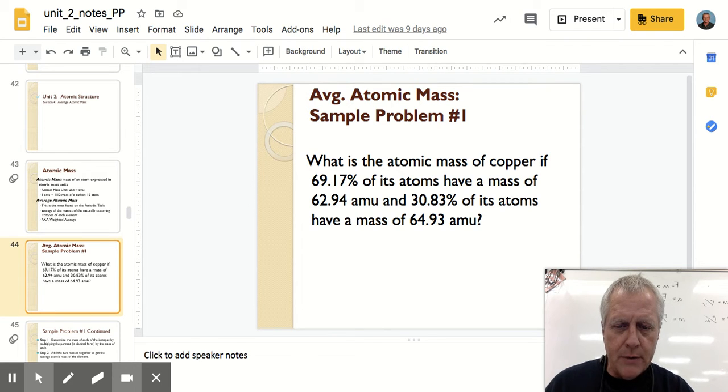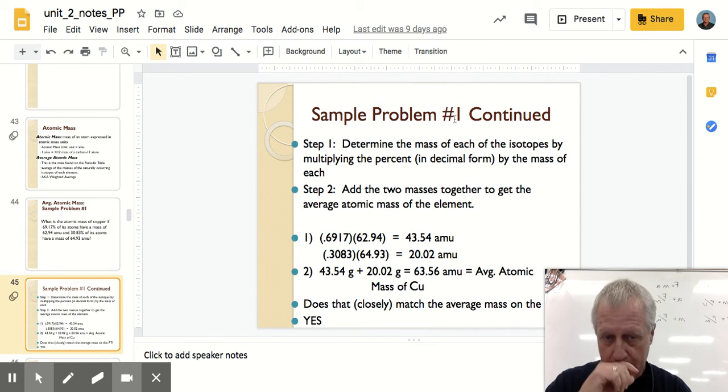In this case, we have 69.17% at an atomic mass of 62.94, and then 38.83% with a mass of 64.93. Notice they're different atomic mass unit values. Then here it shows how you would actually solve that problem.